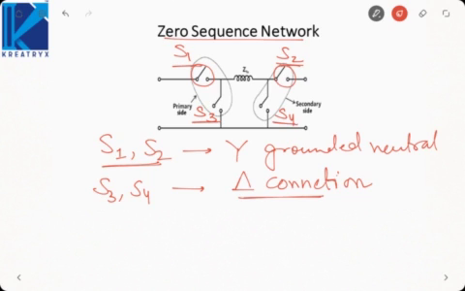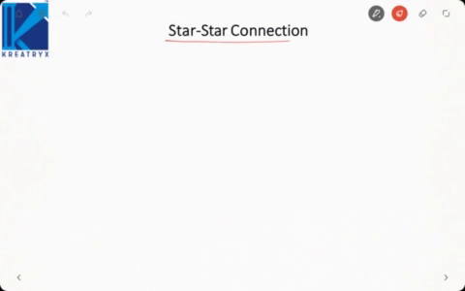Now let us see one by one how we will design the circuit for the different connections of the transformer. First, let us take the case of star-star connection. Suppose we have star with ungrounded neutral on both sides.